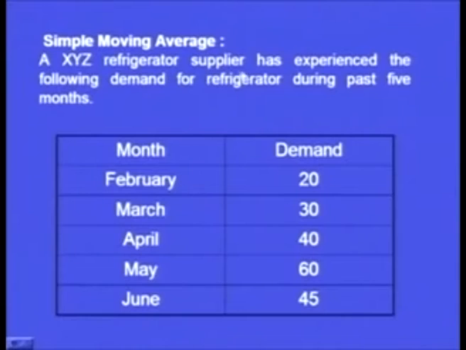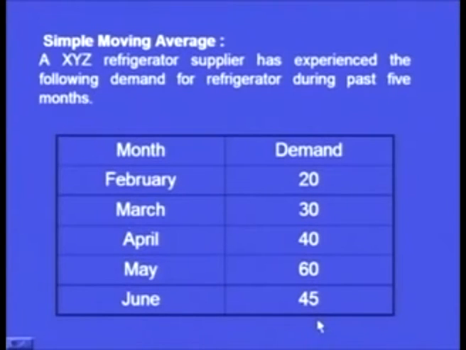XYZ refrigerator supplier has experienced the following demand for refrigerators during the past 5 months. In this problem, we have data of the last 5 months available with us. For the month of February, the demand was 20 refrigerators, March 30, April 40, May 60 and June 45.